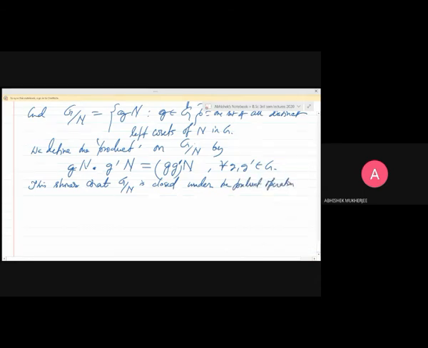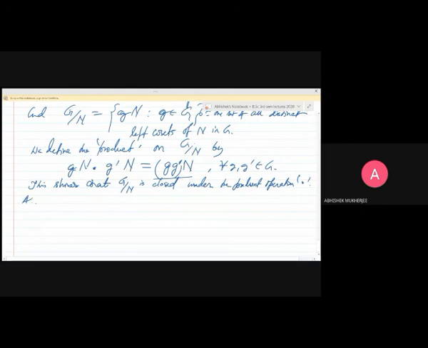Because if you take any two left cosets in G/N, then the resulting set is again a left coset of N in G, so gg'N.